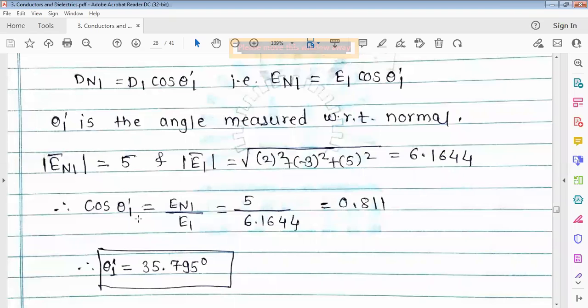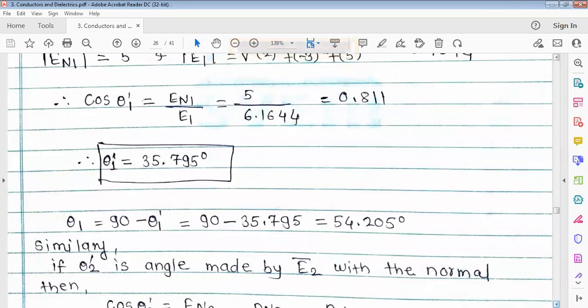Now to find this cos theta 1 dash, cos theta 1 dash is equal to En1 divided by E1, and the normal component is 5, divided by the total electric field intensity, that is the E1 component. This E1 is equal to 6.1644, so cos theta 1 dash is equal to 0.811, and the angle theta 1 dash is 35.795 degrees.